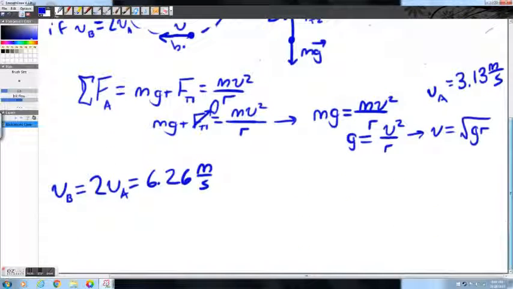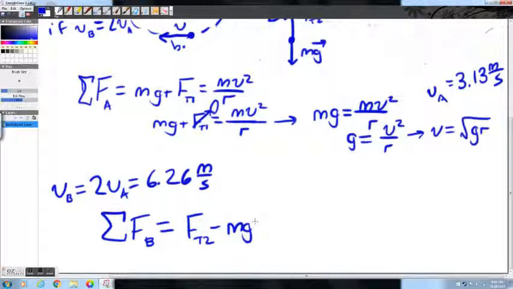Now let's see what must the force of tension be at the bottom. At the bottom, the force of tension and gravity are acting opposite each other. So FT2 minus mg will equal mv squared over r.